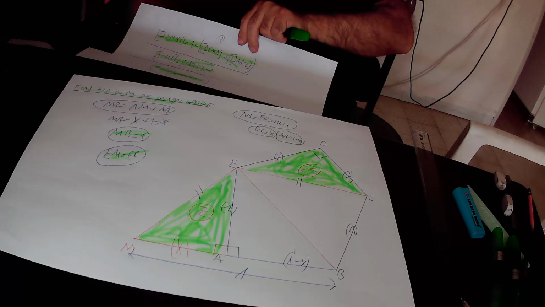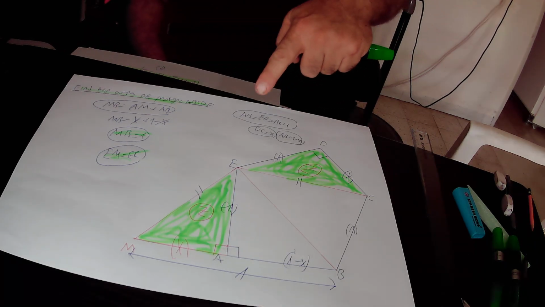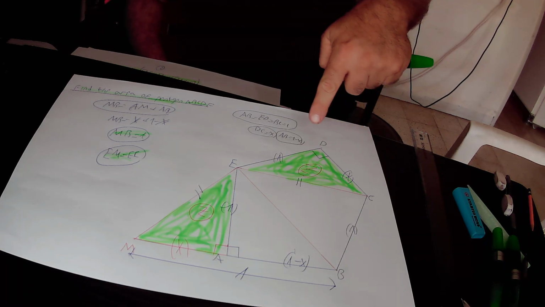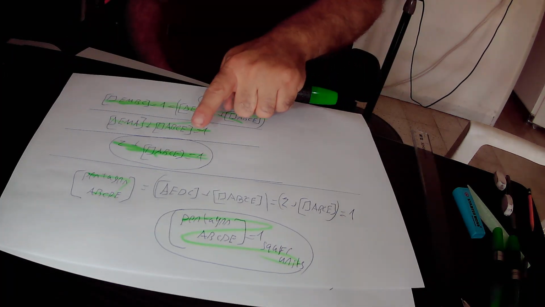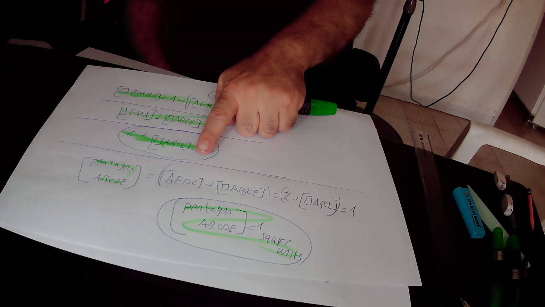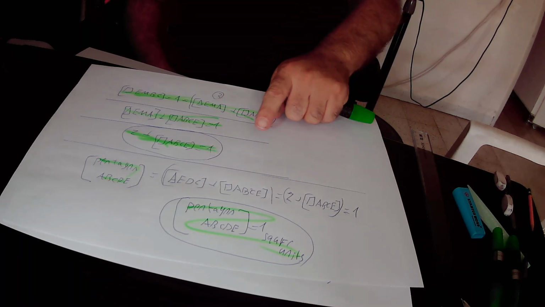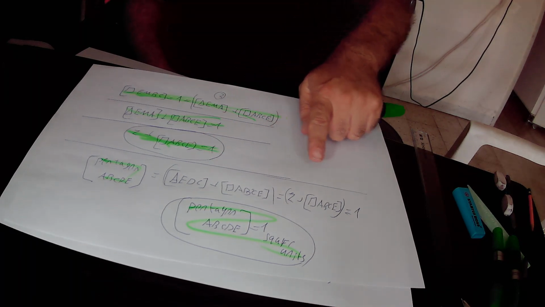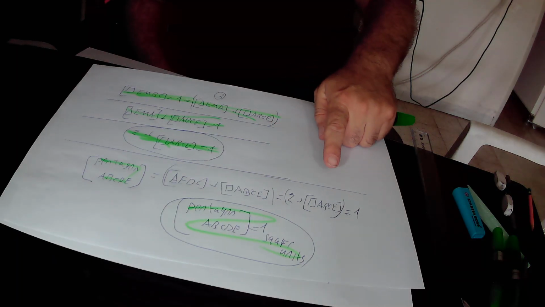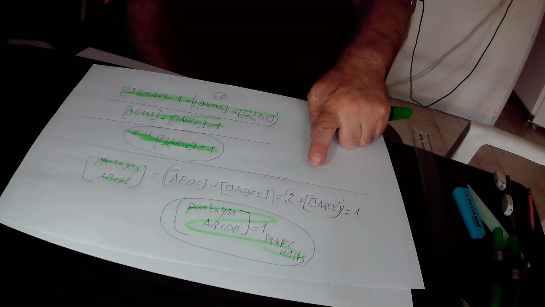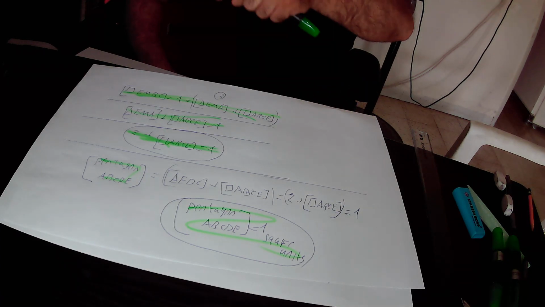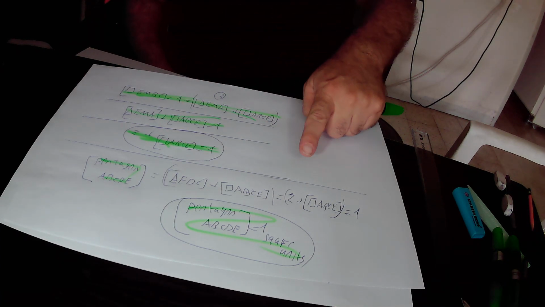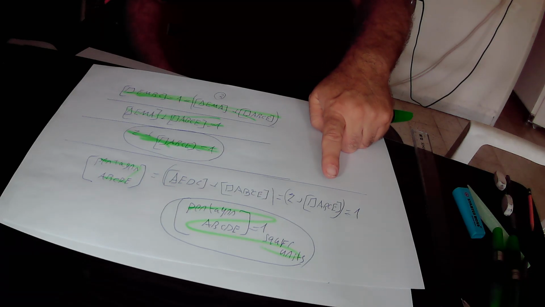According to our definition, we already found out that the area of the green triangle equals Z. We can substitute the area of the green triangle by Z. So it is Z plus the area of quadrangle ABCE. So the area of pentagon ABCDE equals Z plus the area of quadrangle ABCE.